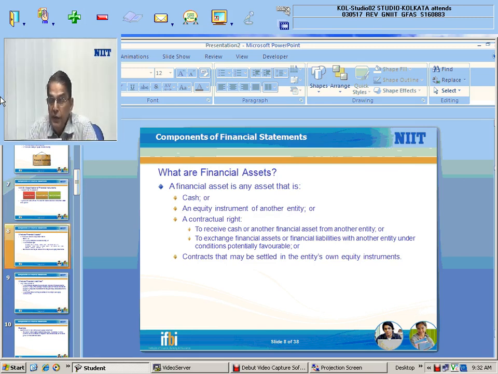A financial asset is any asset that is cash, or an equity instrument of another entity, or a contractual right to receive cash or another financial asset from another entity, or to exchange financial assets or financial liabilities with another entity under conditions potentially favorable, or a contract that may be settled in the entity's own equity instruments.